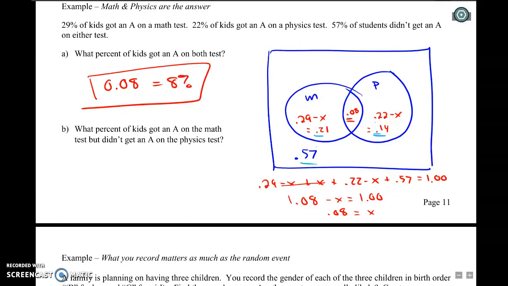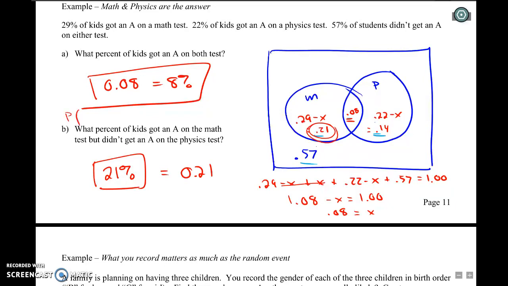What percent of kids got an A on the math test but didn't get an A on the physics test? 21%. And notice I've kind of given up on writing this in probability statements because I just don't need it. What would I do here?